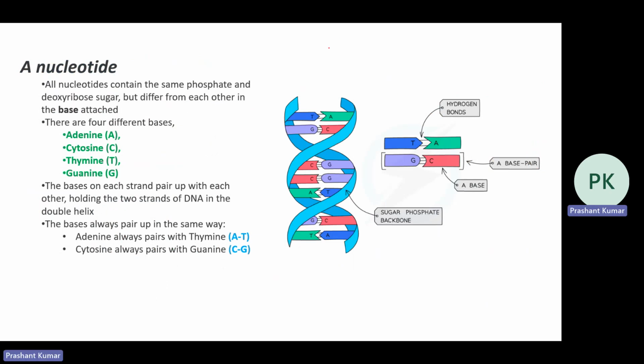Now, as I said, suppose, take an example, this is one nucleotide, this is another nucleotide, this is another nucleotide, this is another nucleotide. They are like this, a long chain. Let me write the base names. Suppose here you have A, G, C, T, A. This is another nucleotide chain.